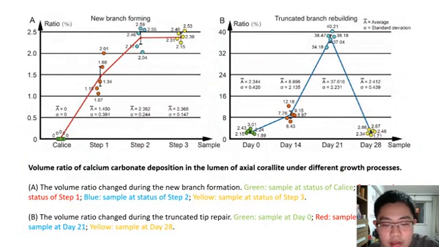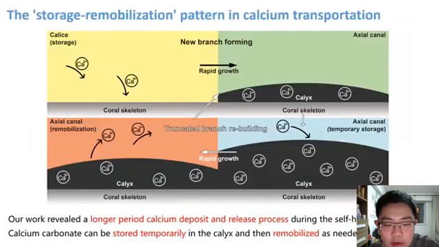The results of this study shed light on the control of calcium carbonate deposition and growth of the exocanal in Acropora.